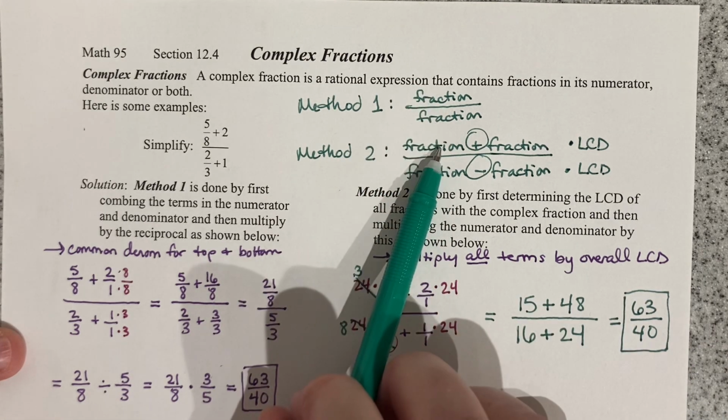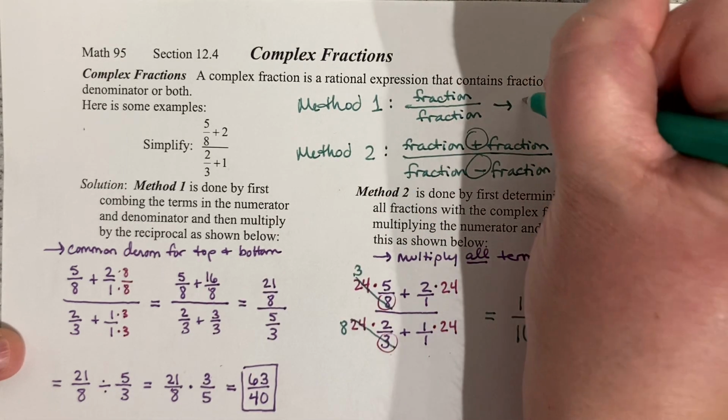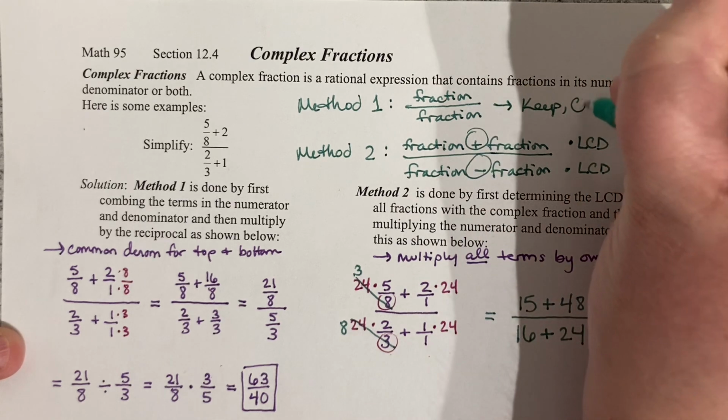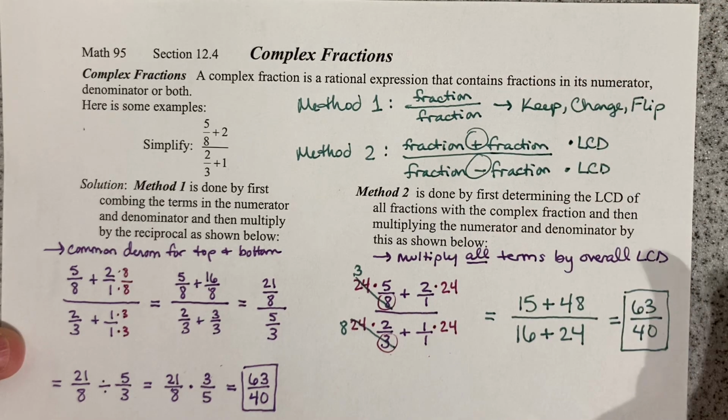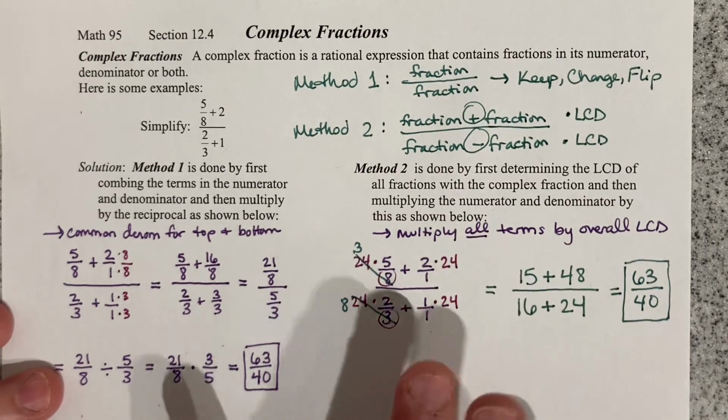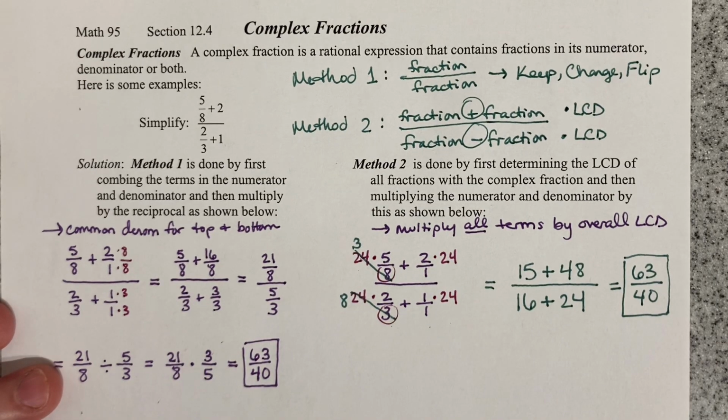If we start with a fraction divided by a fraction, we just do keep, change, flip. So hopefully that works for you as well, but either method will work for any of the problems that we're going to see in this section.